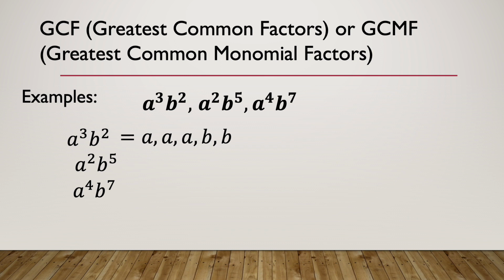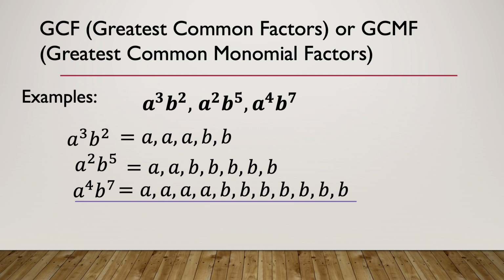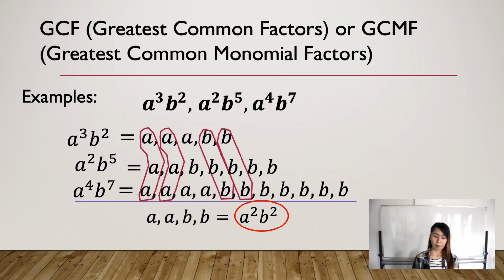And we have another 2a and 5b. And for the third term, we have 4a and 7b. Now for the next step, identify the common factors, which are a, b, b. So our GCF for this example is a squared b squared.